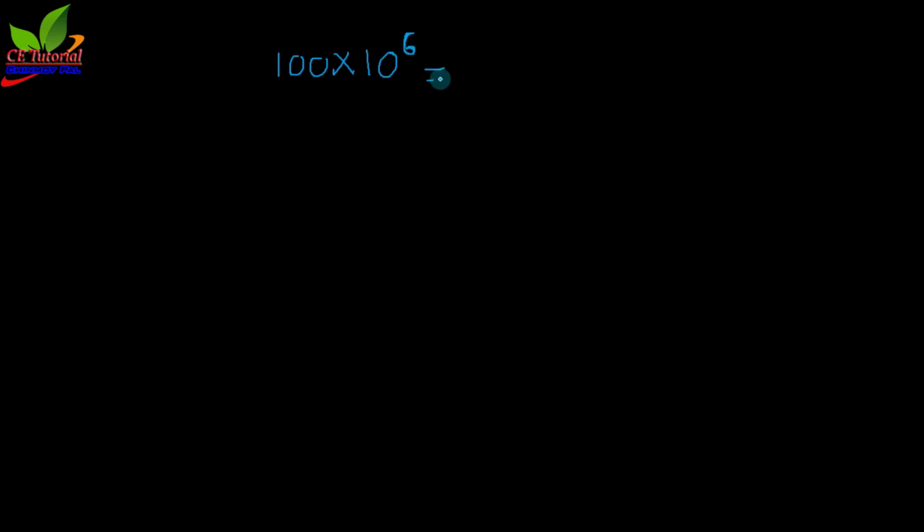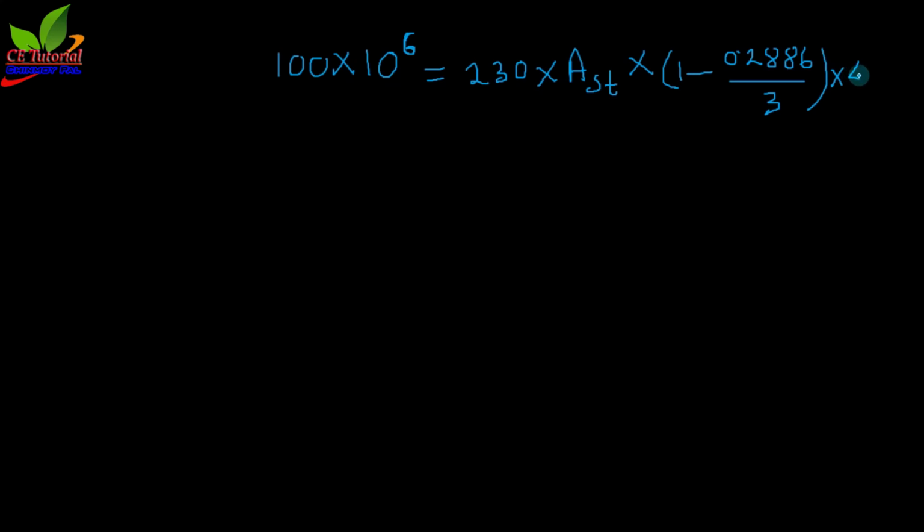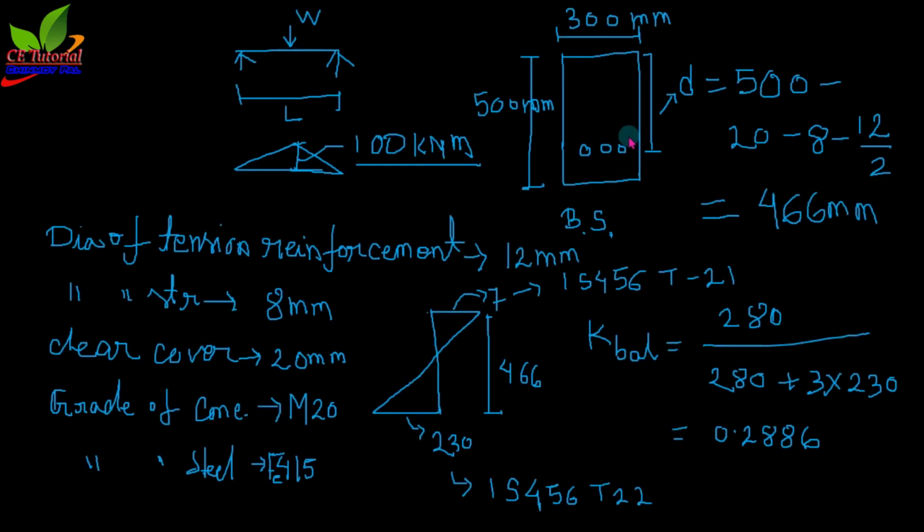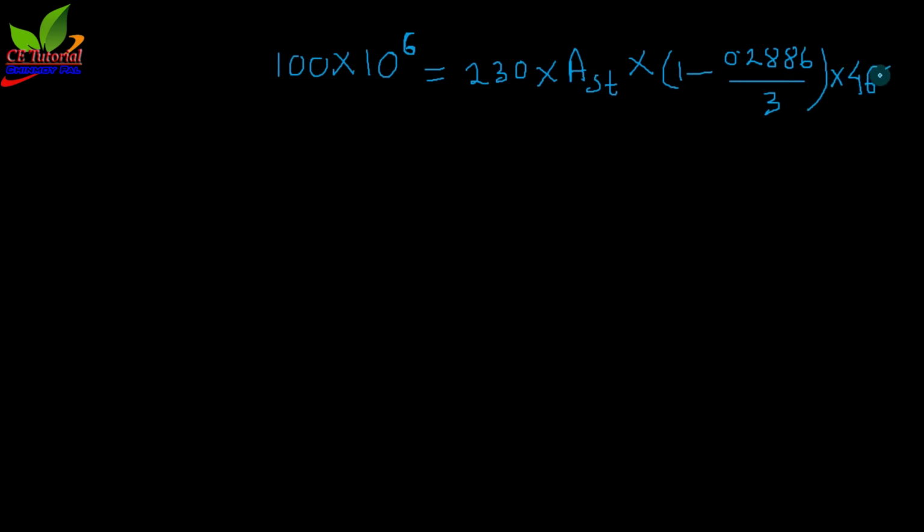So bending moment equals sigma st, that means 230, AST, I have to find out the AST, into JD, and J value is nothing but 1 minus K by 3, 1 minus 0.2886 by 3, and D value is 466.